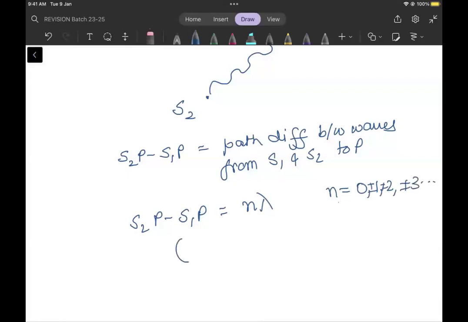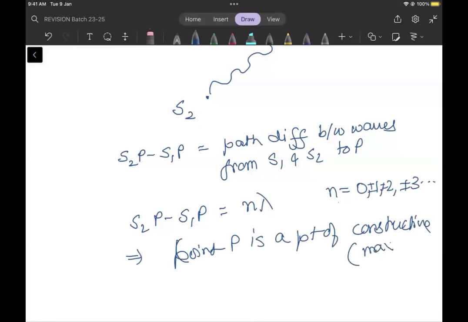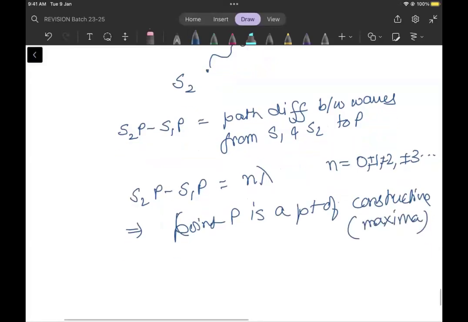This is going to imply that point P is a point of constructive interference, which is also known as a point of maximum.